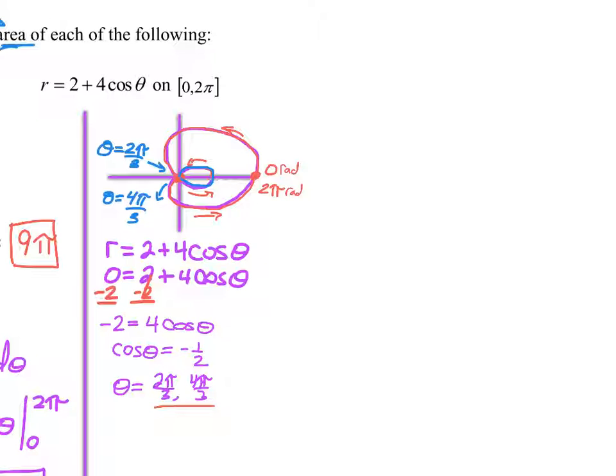So the one thing you do not want to do, so this is a big no-no. I'll write out the incorrect integral, and I'll tell you why it's incorrect. So from 0 to 2 pi, let me actually use legible penmanship.